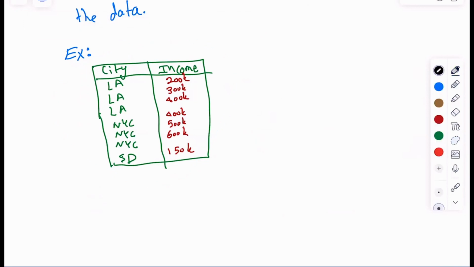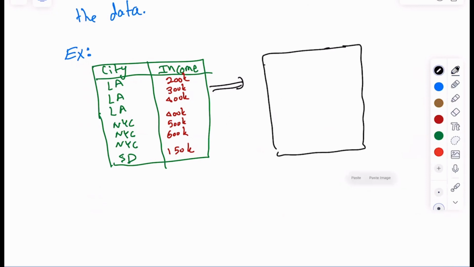Great. Okay, so now if you want to do the count encoding, you go ahead and call it count encode, and this is income. Okay, LA appeared 3 times, so 3.